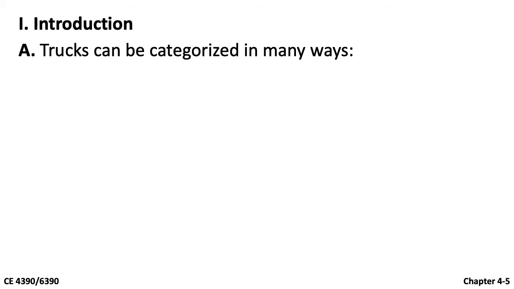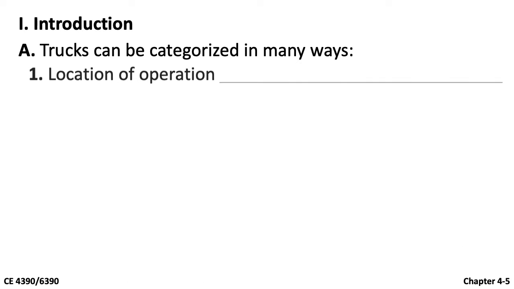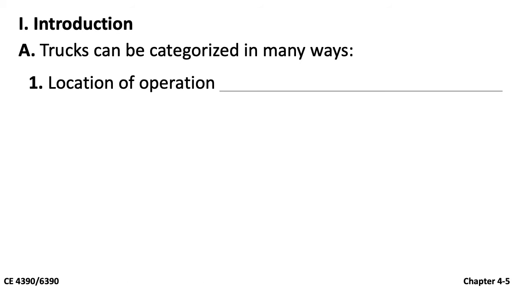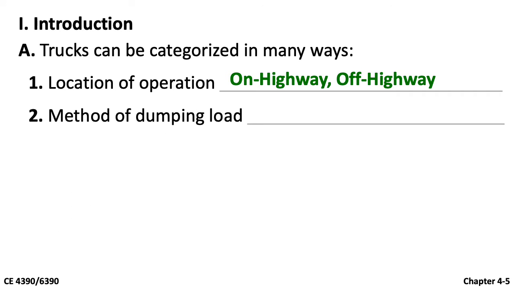Section 1, Introduction to Trucks. As you saw in the video, there are many different types of trucks. We can classify trucks by the location of operation, so we have on-highway and off-highway trucks. Based on the methods of dumping, we have rear, bottom, and side dump.